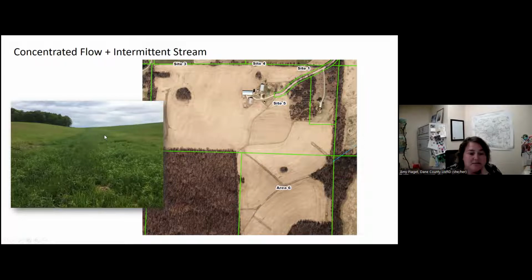So it's meeting that definition of a concentrated flow channel as far as it's conveying water through a shaped grassed channel. And in this case, those channels discharge down to an intermittent stream.